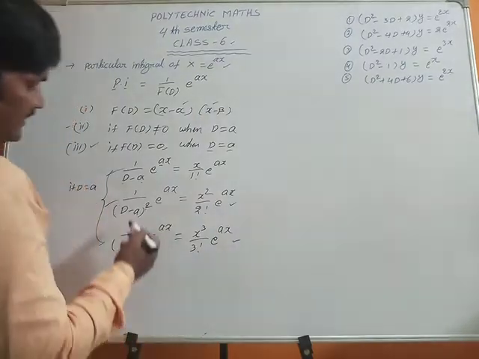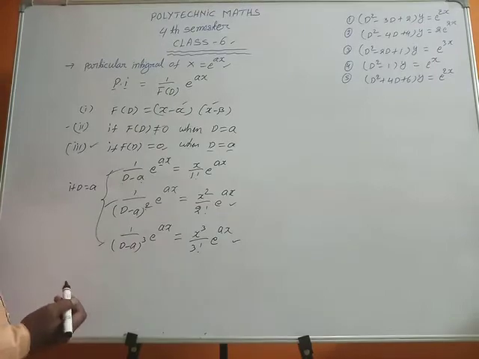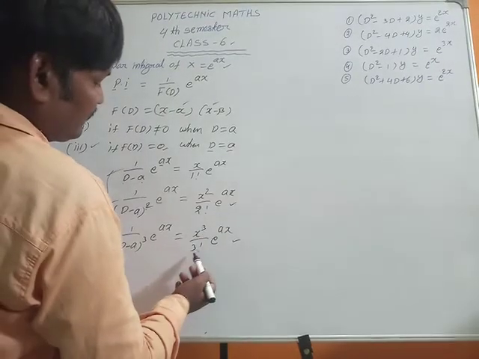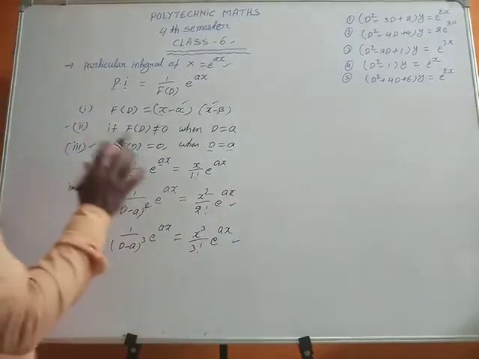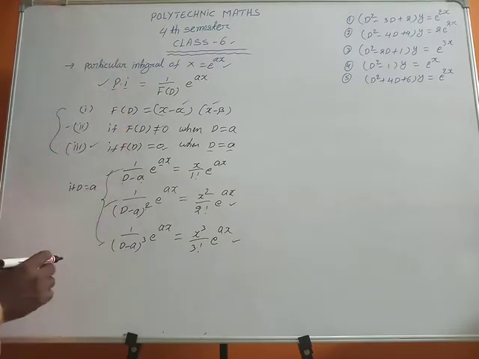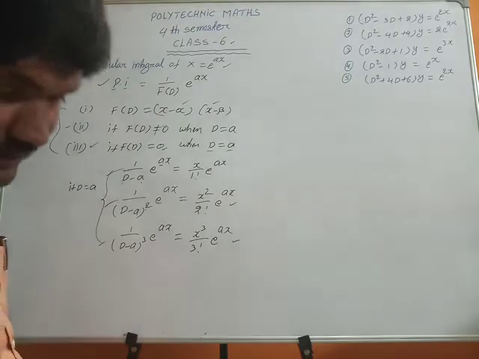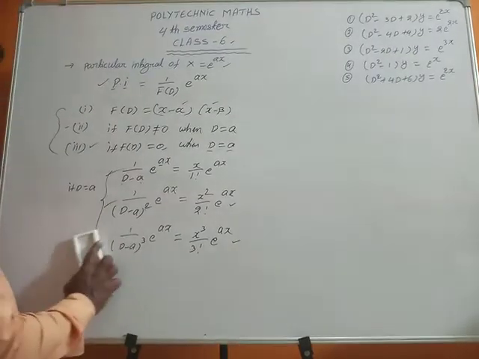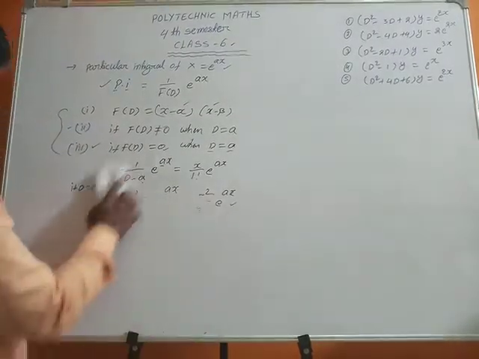For 1 by (D minus a) whole cube e to the power of ax, the particular integral is x cube by 3 factorial e to the power of ax. So these 3 cases we can apply to find the particular integral of a given function. Now we can solve some problems in this concept.